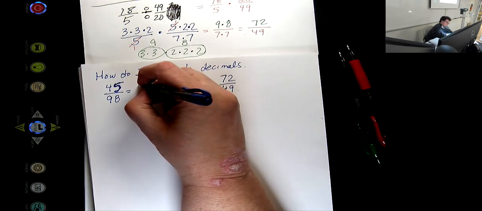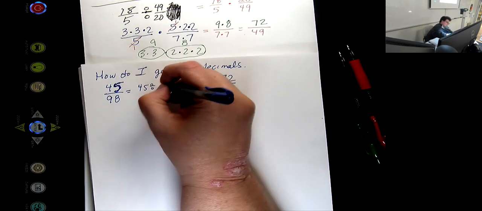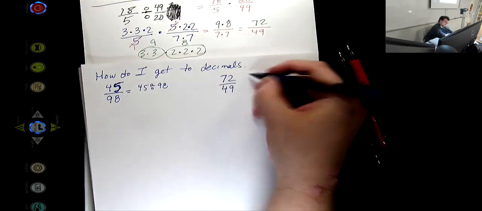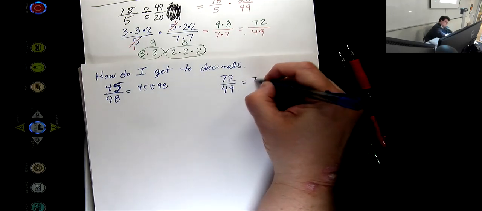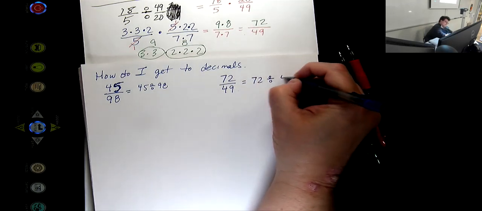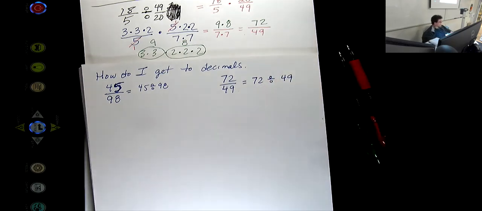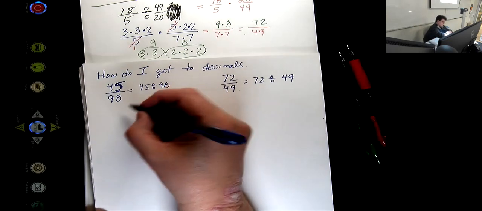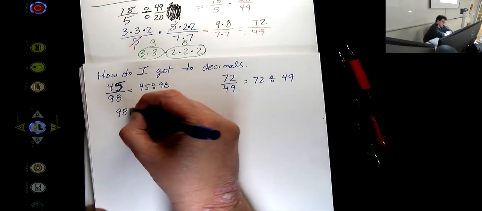45/98 is 45 divided by 98. 72/49 is 72 divided by 49. Now, we looked at doing this to go from improper fractions to mixed numbers. The way that works is the bottom number divides into the top number.